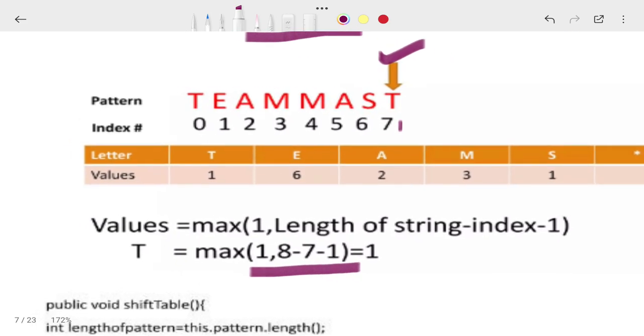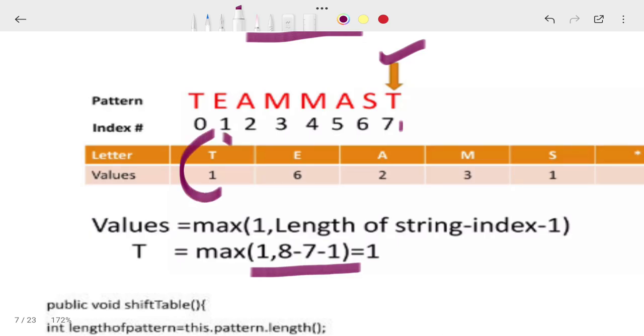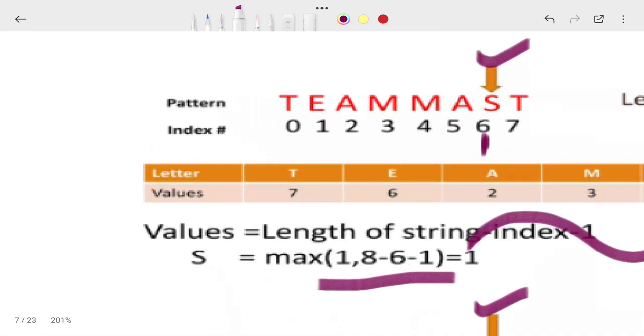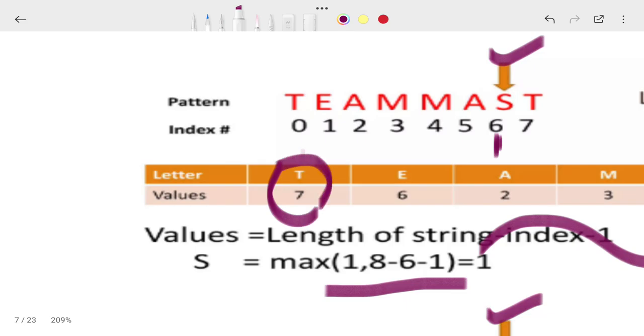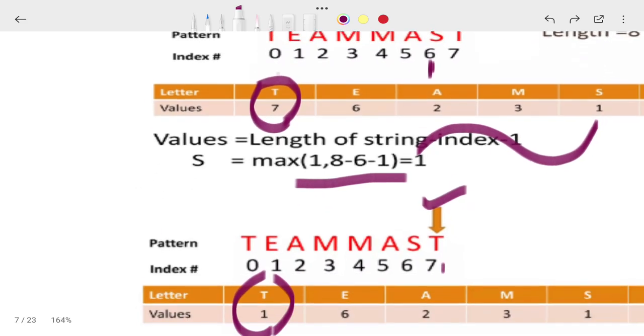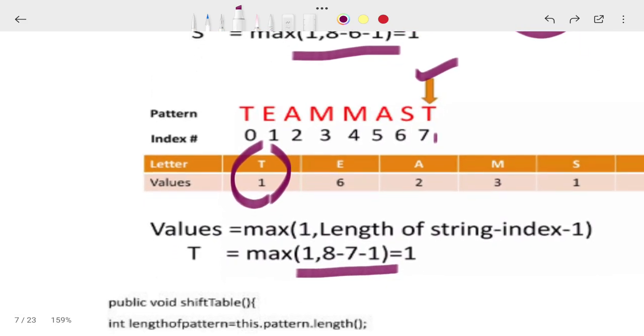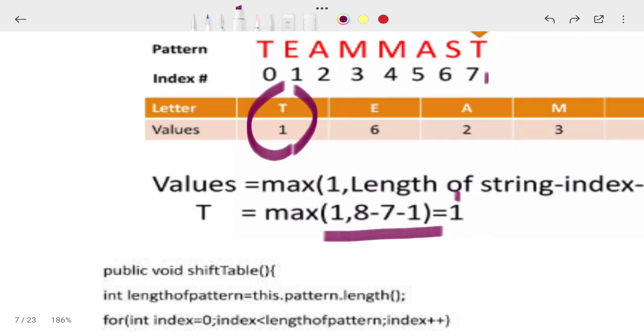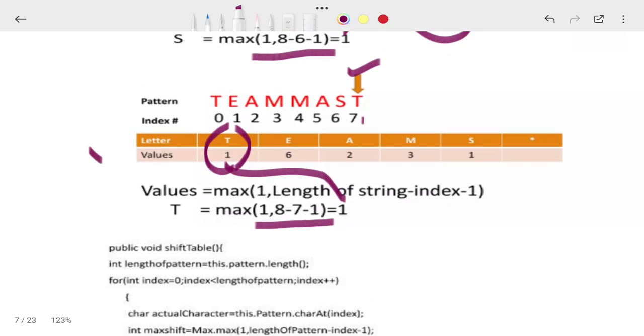T has already come, and at that time T was 7. So the updated value of T is 1. This 1 I will place here. So now this is my overall bad character match.